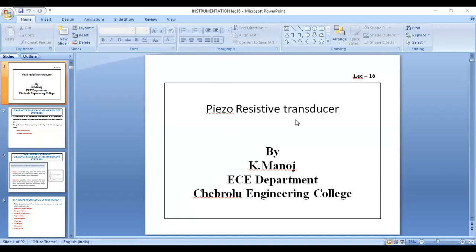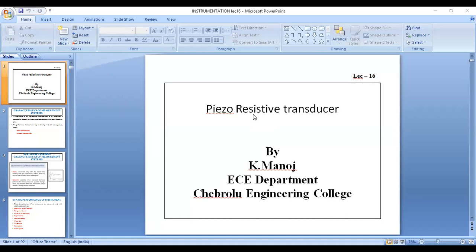So, coming to piezo resistive transducer, it means a transducer which converts stress into change in the resistance.